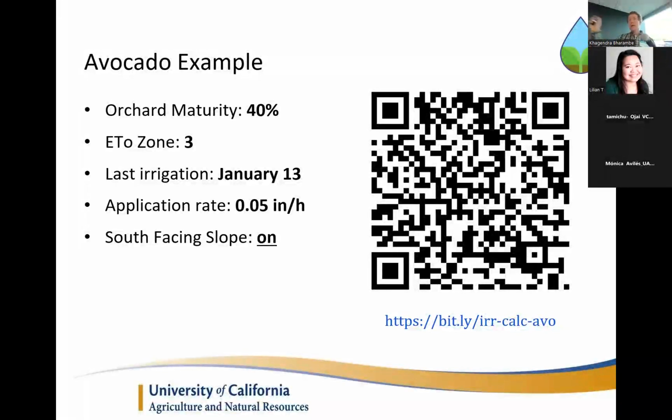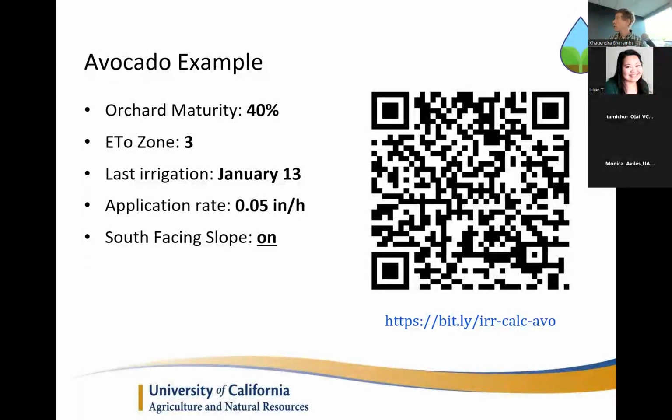All right, so that's kind of what it does. Anyone who is interested in giving it a shot, take out your phone and snap this QR code and run it. This should open up a website and hopefully it'll, I think it'll work well. This is the one for avocados.